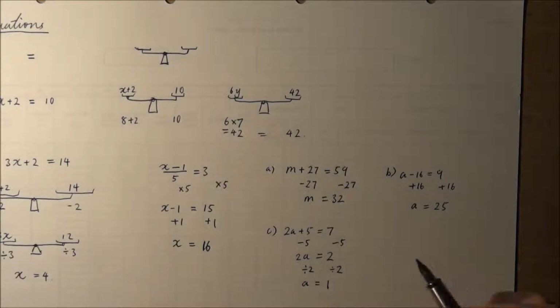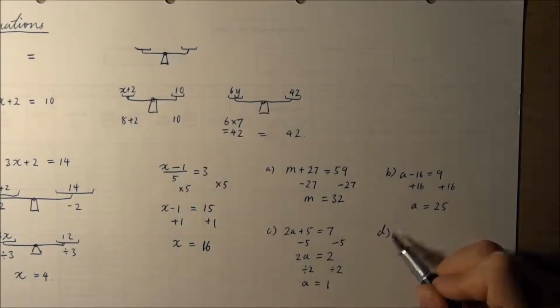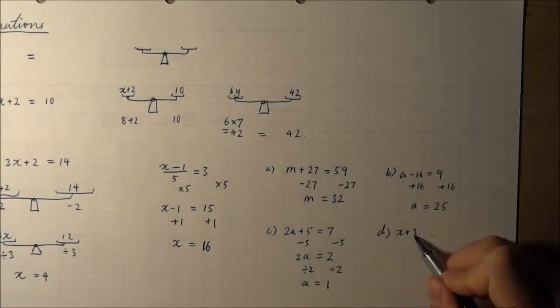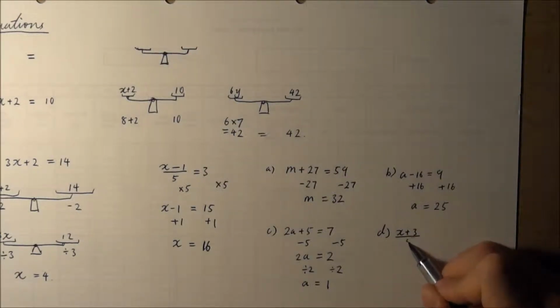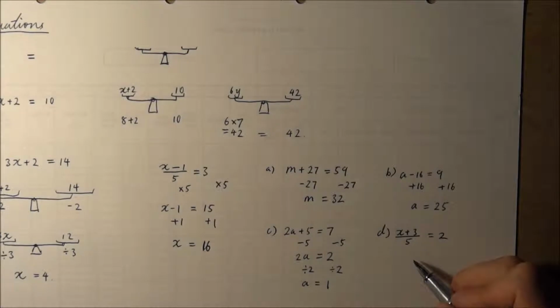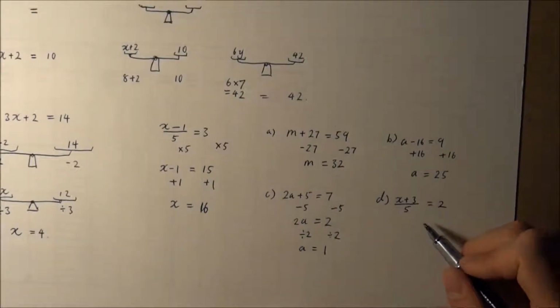Now, the next one. x plus 3 over 5 equals 2. We cancel out the 5 by multiplying by 5.